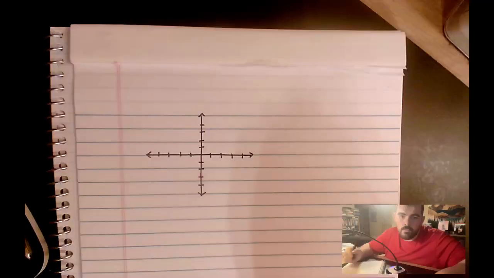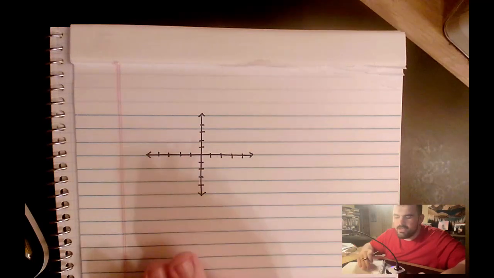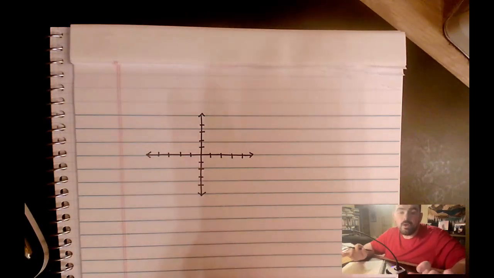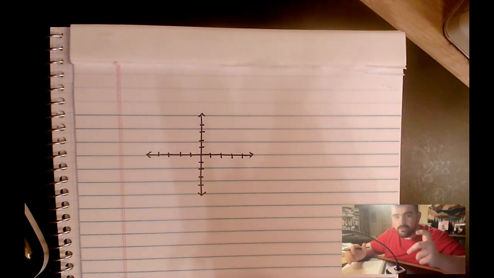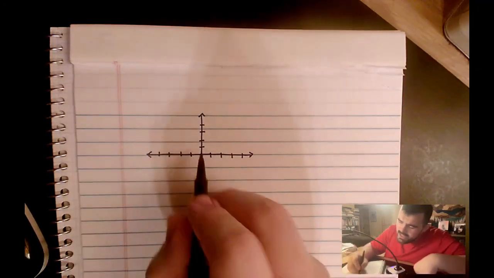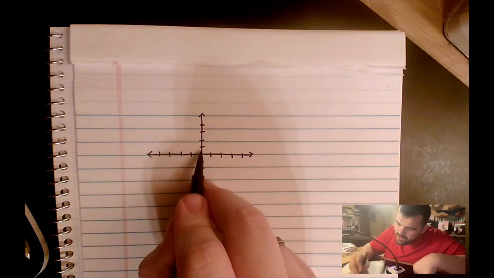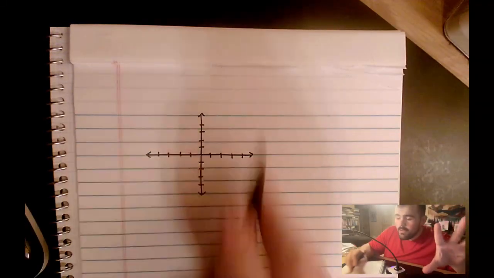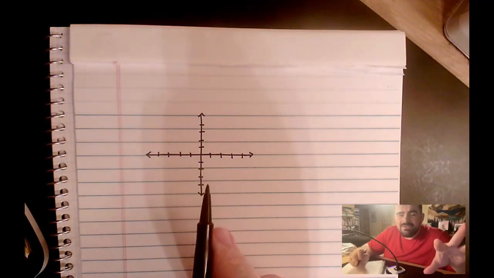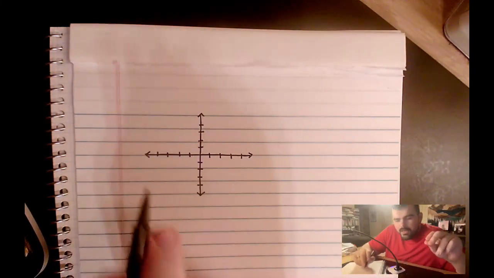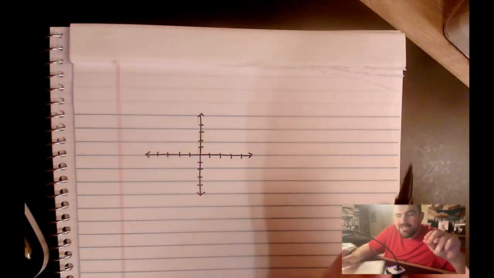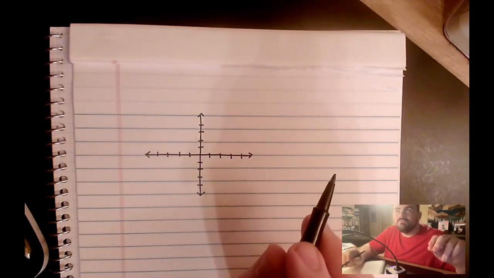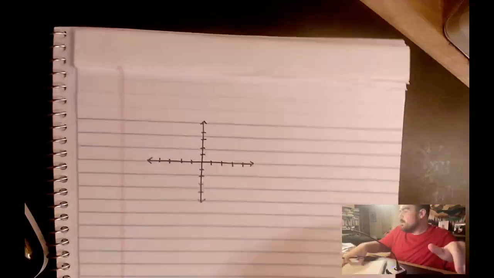Here I've just free-handedly drawn a coordinate plane on a sheet of lined paper, and notice the little inconsistencies between the gaps between the tick marks on the y-axis. We'll be fine using this. It's just that our graph will be a little bit wonky, and if I try to use a ruler to draw a straight line, it won't be perfect, but it'll be fine.